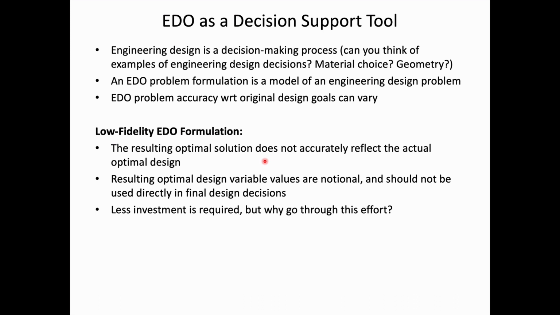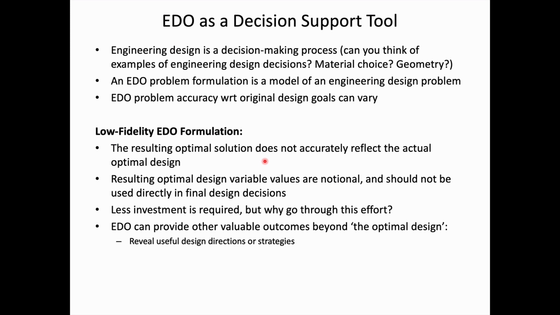So there's less investment involved. It takes less effort to formulate and solve a low fidelity problem. But if we can't use the resulting optimal design variables directly, why go through this effort? Why is it worth any investment? There are other valuable outcomes we can obtain from engineering design optimization besides just getting the optimal design.